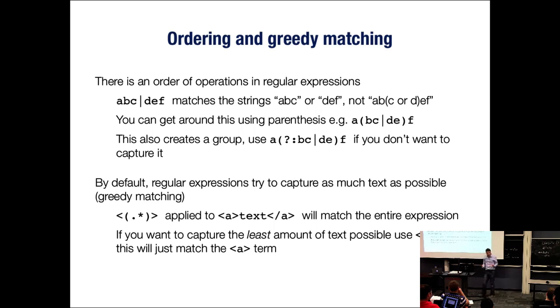If you want to match the smallest thing it can, you put this question mark after the star. And that can precede anything, so that can precede plus, question mark. It can precede anything like that. Question mark actually also works. It'll match 0 if it can, or 1 if it can, or 1 if it has to, rather.